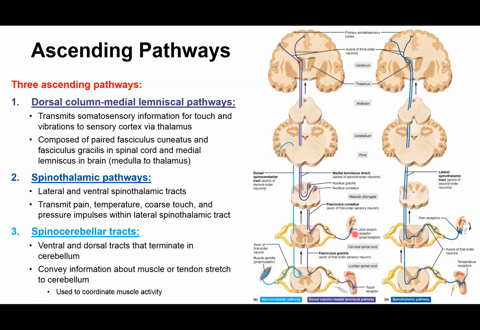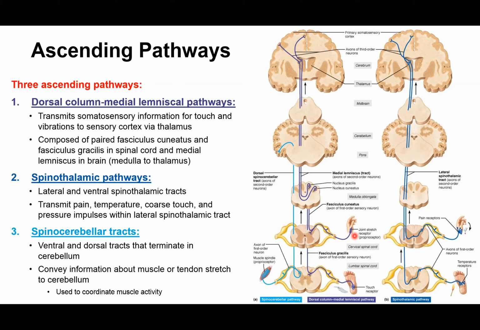This pathway is composed of the fasciculus cuneatus and gracilis in the spinal cord, and a medial lemniscus in the brain. That medial lemniscus goes from the medulla to the thalamus.